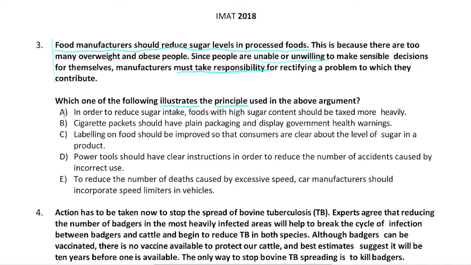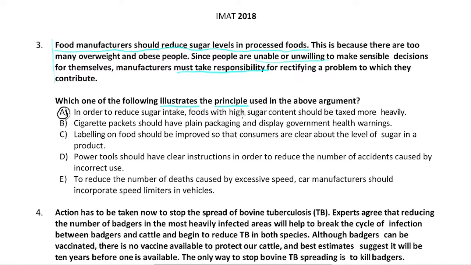So let's read the actual answers. Letter A. In order to reduce sugar intake, foods with high sugar content should be taxed more heavily.